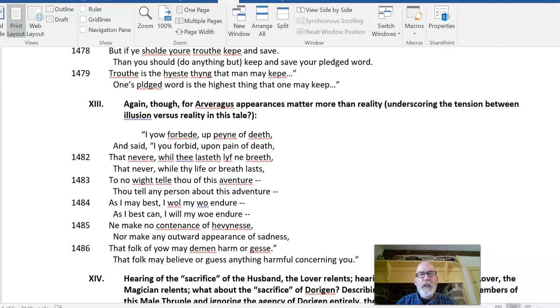In passage 13, Arviragus underscores the fact that this is really the tension between illusion versus reality. You know, the rocks are removed supposedly, right? But also the illusion of honor rather than the reality of integrity.